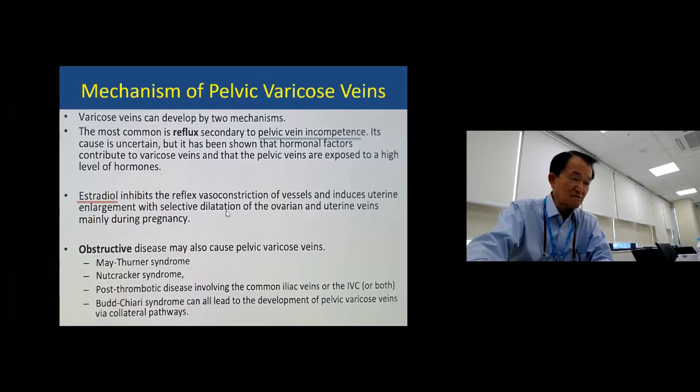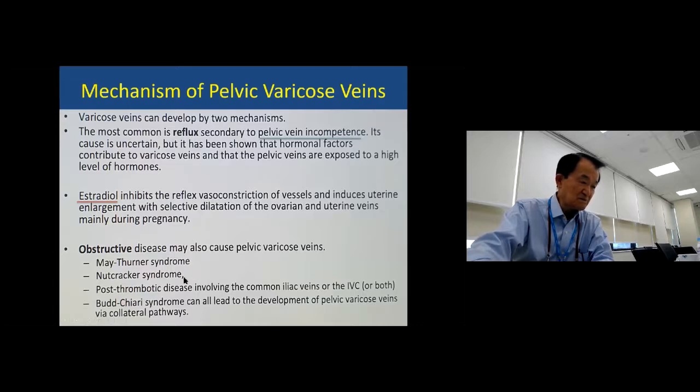And that also makes a dilatation of ovarian and uterine veins. So there are several unusual named causes: May-Turner syndrome, Nutcracker syndrome, Budd-Chiari syndrome, etc.